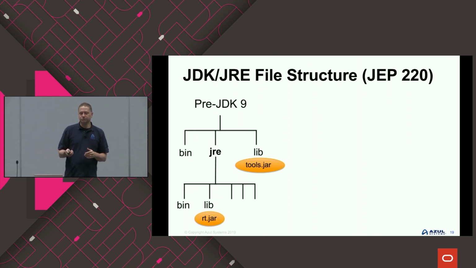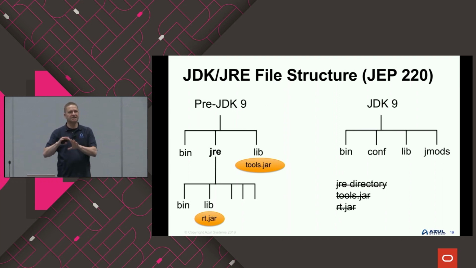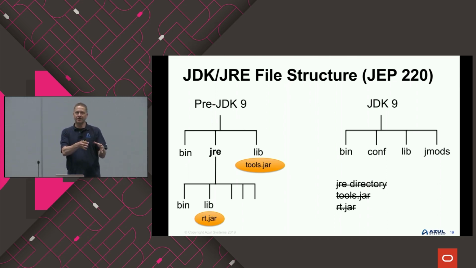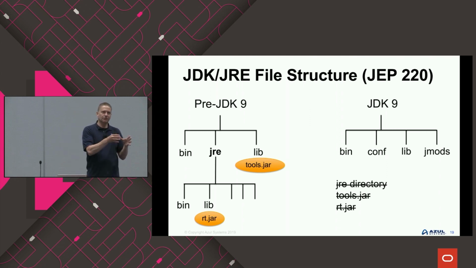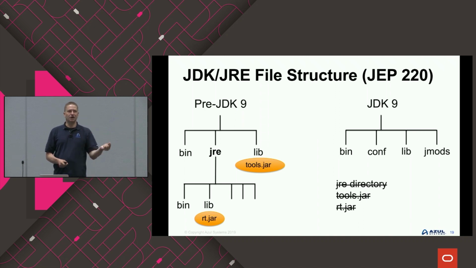In JDK 9 and later, that's been flattened out. So the distinction between the JDK and the JRE has disappeared. There is no idea specifically of a Java runtime as a separate subdirectory. As I said, the idea now with JDK 9 is to use jlink to build a specific runtime for your application. The way that looks now is you've got a bin directory which only has 1 copy of Java in it, so that's fine.